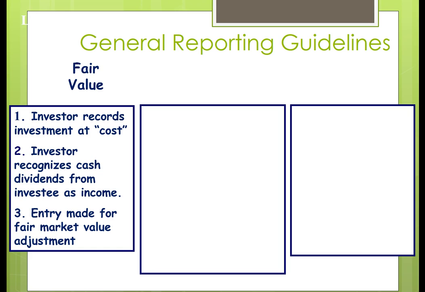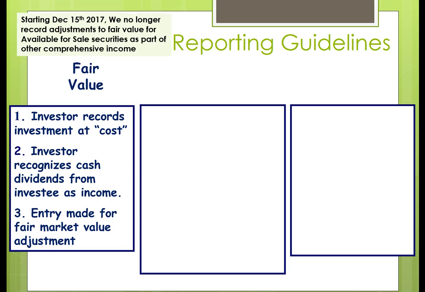And the only adjustment to the investment account would be changes in market. It used to be that these changes to market for available for sale securities were treated as part of other comprehensive income, but starting December 15th, we no longer do that. Any adjustment to fair value would go as part of other income on the financial statements pre-tax.